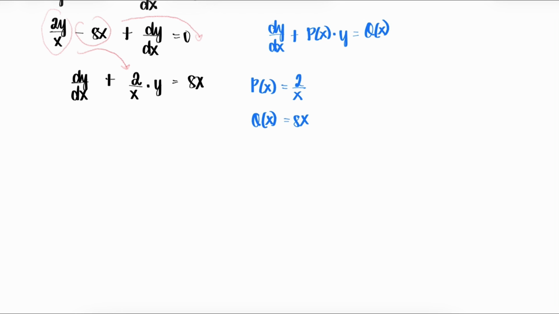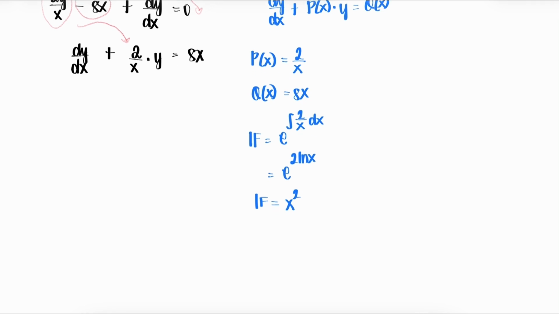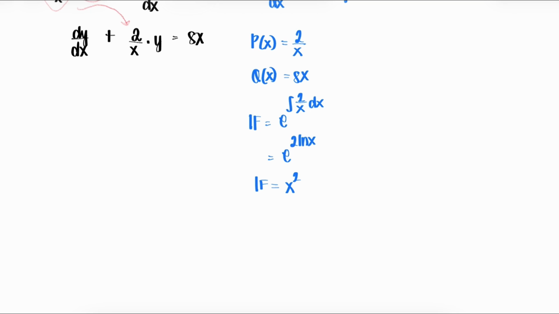So the integrating factor, therefore, is equal to e to the integral of 2/x dx, which is equal to e to the power of 2 ln x, and so the integrating factor is equal to x^2. And so now solving, remember how to solve.